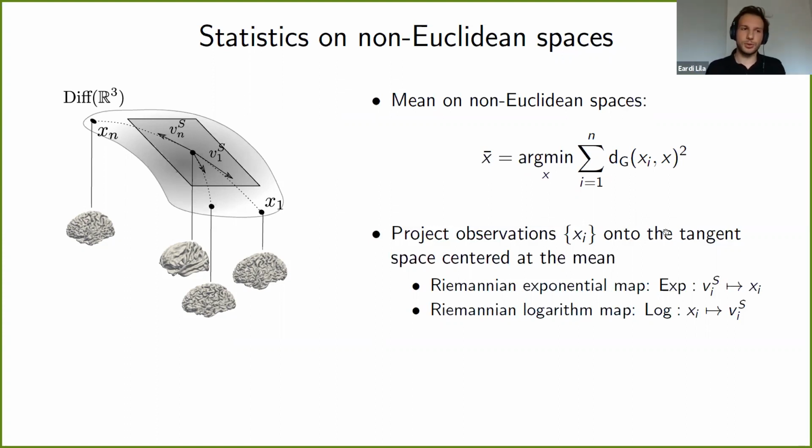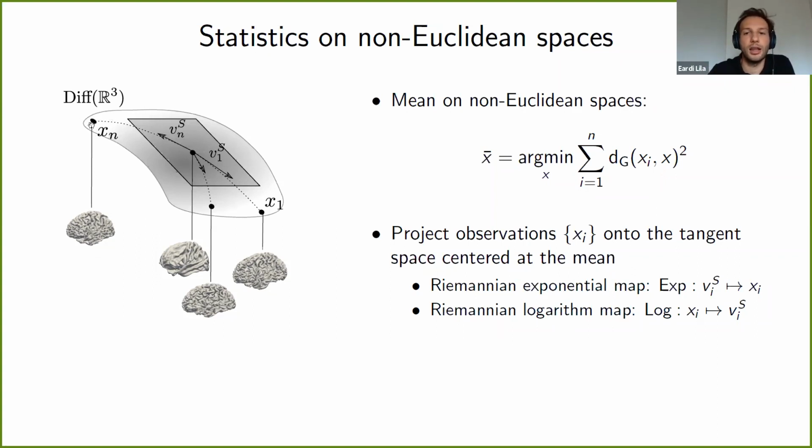What we really care about here is the fact that it comes with some canonical maps, and these canonical maps are the Riemannian exponential and Riemannian logarithm. The Riemannian logarithm is something that takes you from this curved space to a tangent space representation. So we can represent this surface here, Xn, which is in a nonlinear space, with an object that is in the tangent space, which is linear.